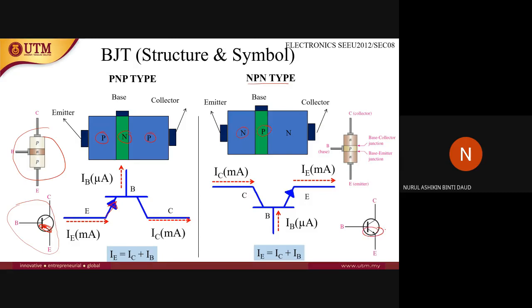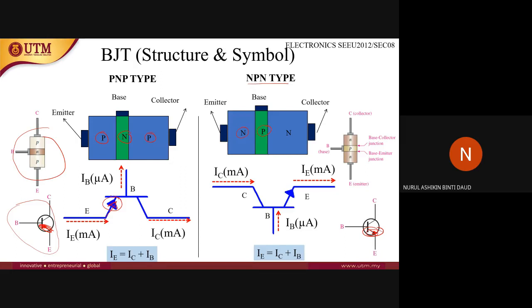What I want to highlight here is the current flow. It is different between PNP and NPN. Be careful. For NPN, the currents flow to the emitter, but for PNP, the current flows from the emitter. So be careful with the direction of the currents.